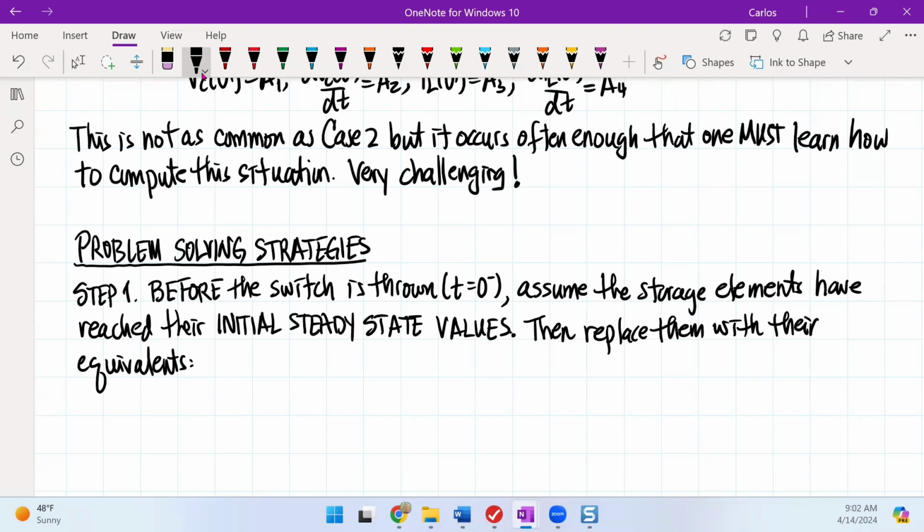So in this case, we could imagine that we have a capacitor, and when I'm looking at this capacitor, we know for a fact that it's going to have some initial steady state value.